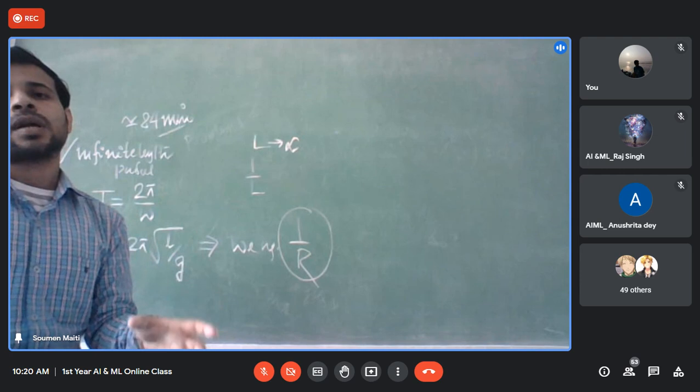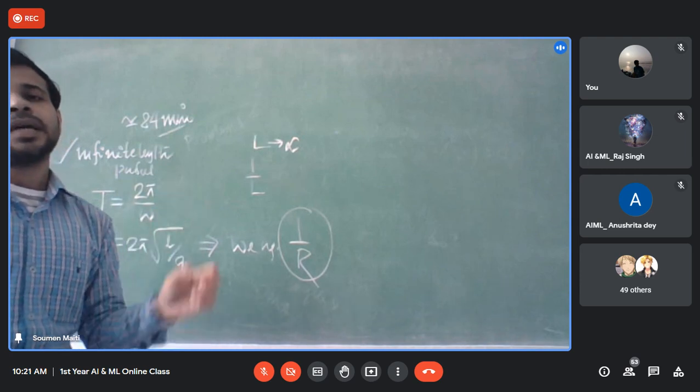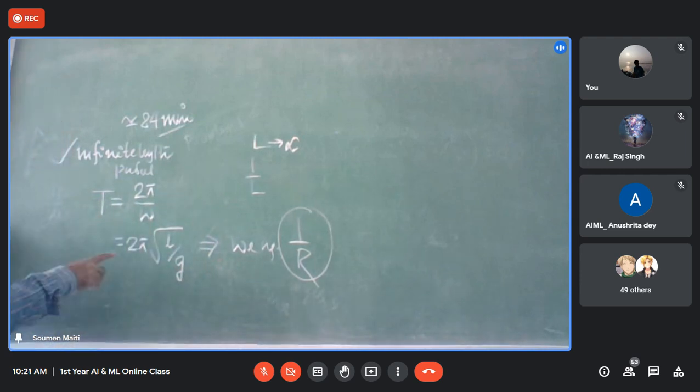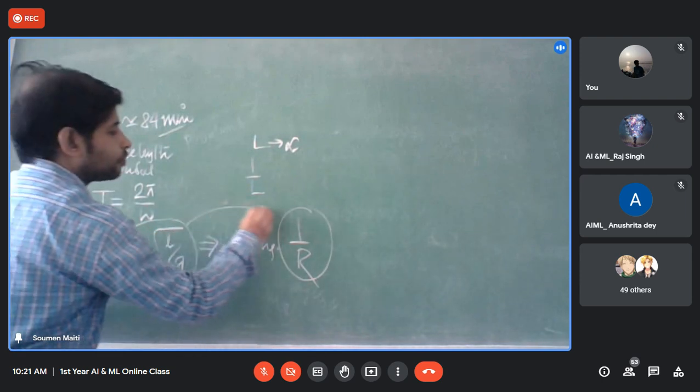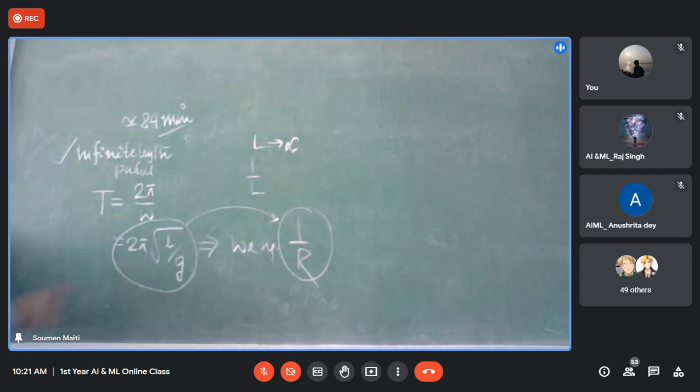Go back to your class 12 gravitation chapter. In that chapter, you can check this equation is only valid if you consider 1 by R equal to 0, yes or no? Anushrita, got my point?